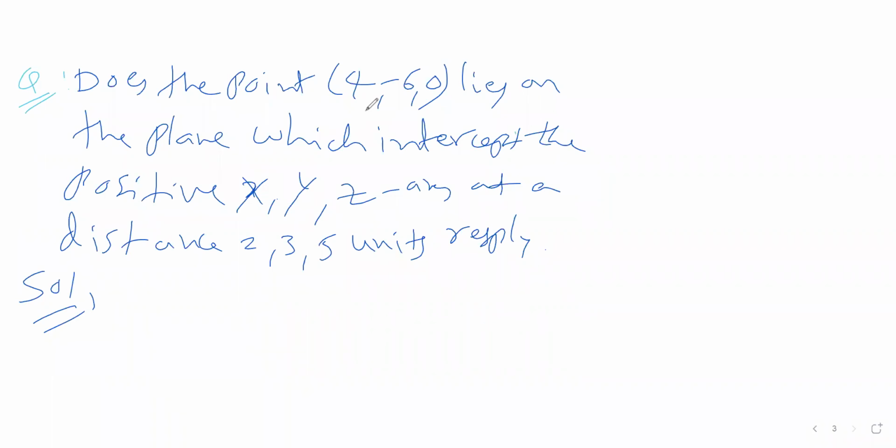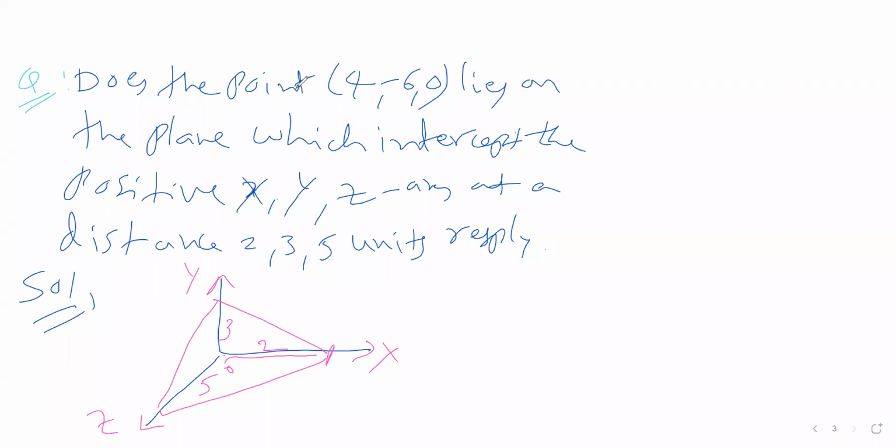So here, if you go with the diagram, you can understand that this is our plane which cuts the x-axis, y-axis, z-axis. We are given that the x-axis intercept is 2, the y-axis intercept is 3, and the z-axis intercept is 5. This means the origin to this point distance is 2 units, origin to this point is 3 units, and origin to this point of intersection on the z-axis is 5 units.